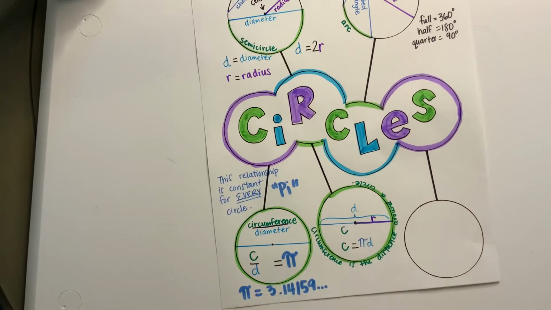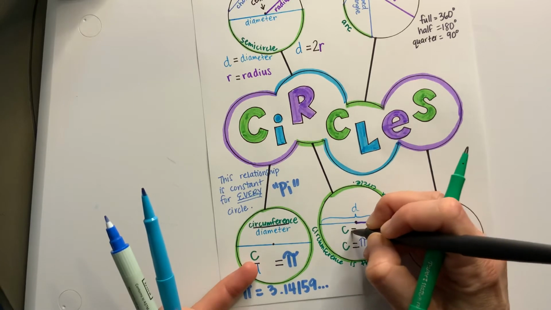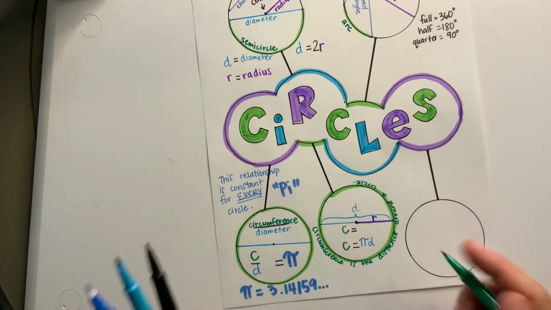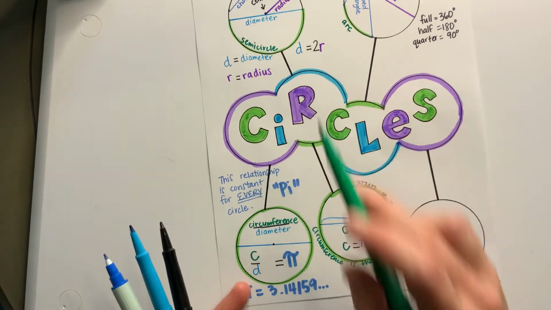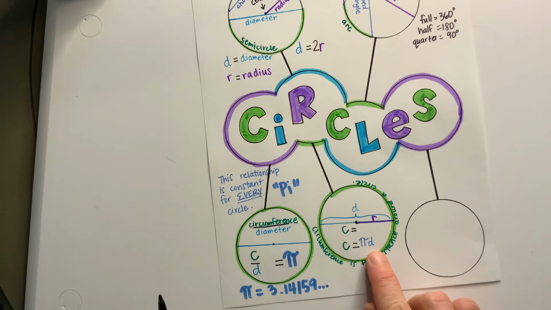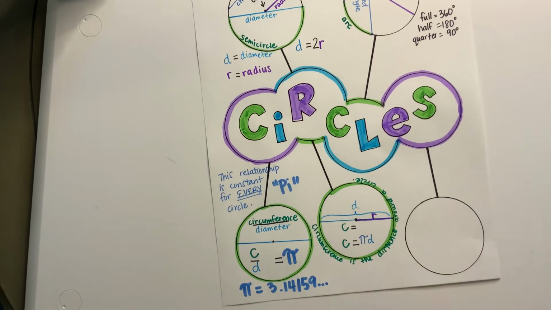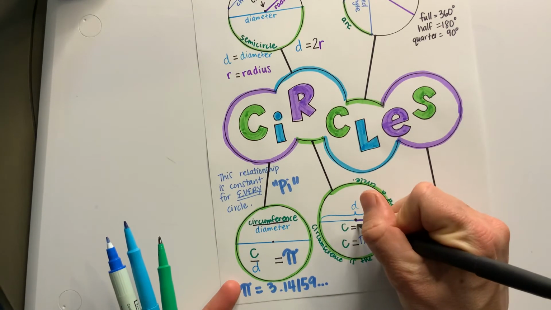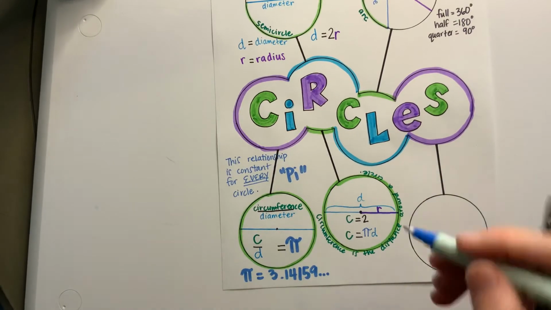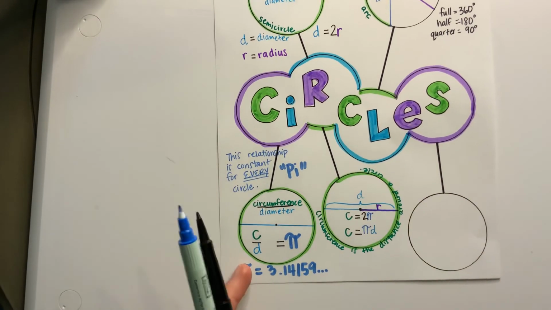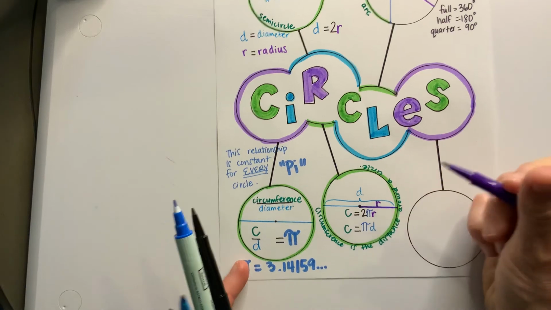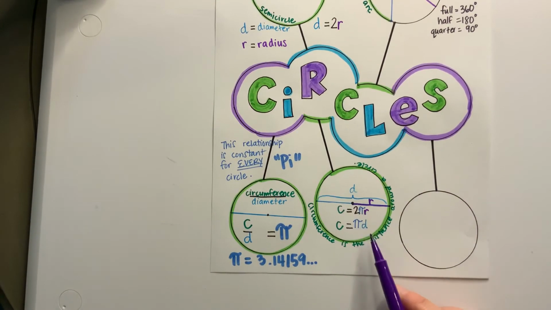The circumference is equal to, we know the diameter is equal to 2R, so we can substitute 2 times R for D. So we say 2 pi R. And both of these formulas are equivalent.